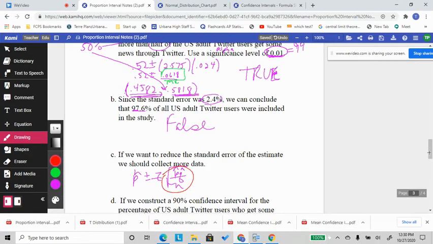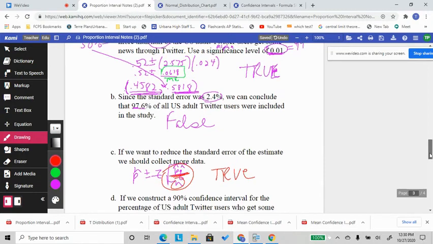So if I want to make this smaller, I would ask more people, collect more data. I would make n bigger. Does that make it smaller? Yes. If you divide by a bigger number, this becomes smaller. The higher your sample size, the smaller your error. Think about it as common sense, not math: the more people you ask, the smaller your error is going to be. Okay, so that is true.